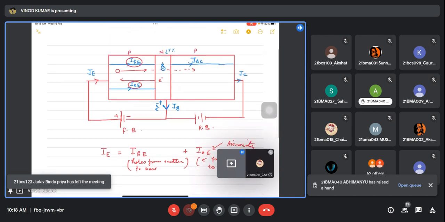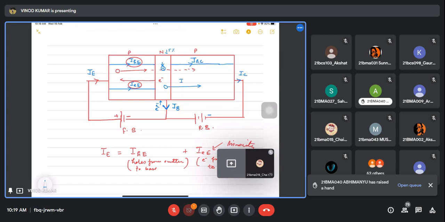And there is one more current, which is because this is negative, so it is going to attract the holes from here also to this.